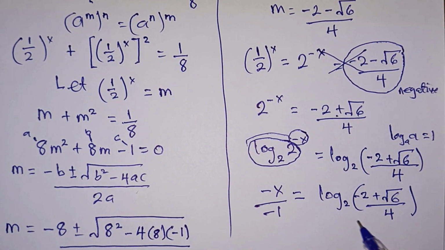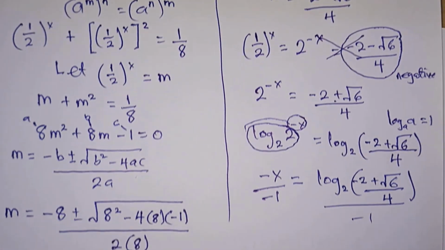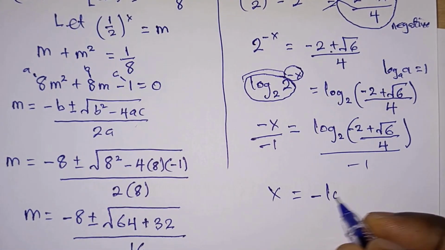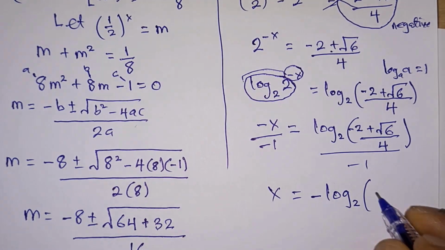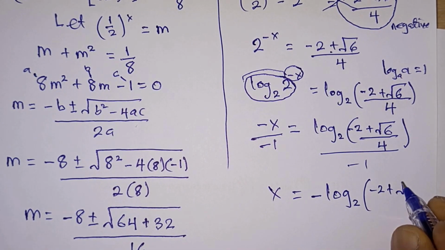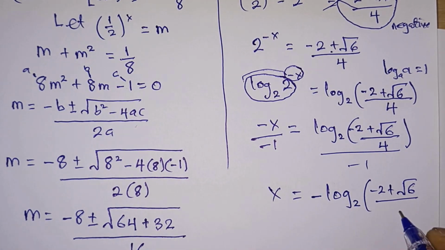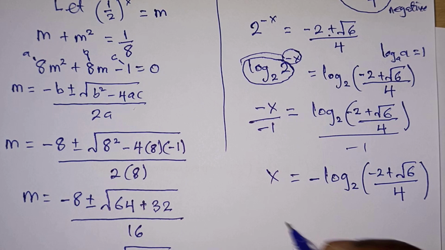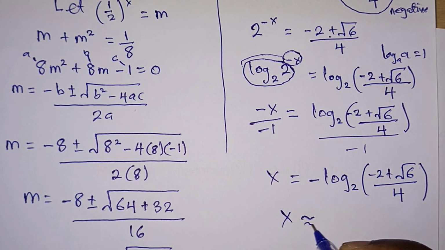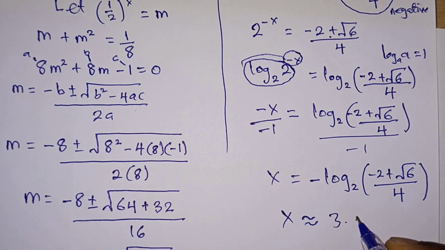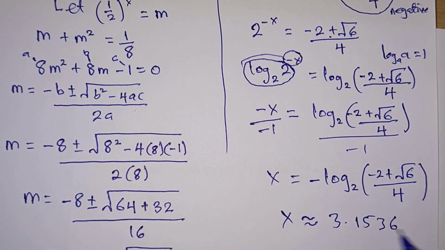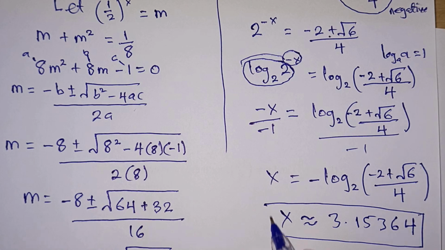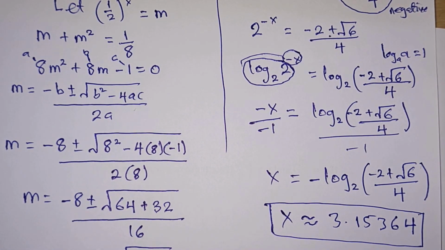We will divide each side of the equation by negative 1 so that we have x is equal to minus log in base 2 of (-2 plus square root of 6) all divided by 4. If you use a calculator for this, you will get x approximately equal to 3.15364. If you plug this value of x into the equation, you will get 1/8.